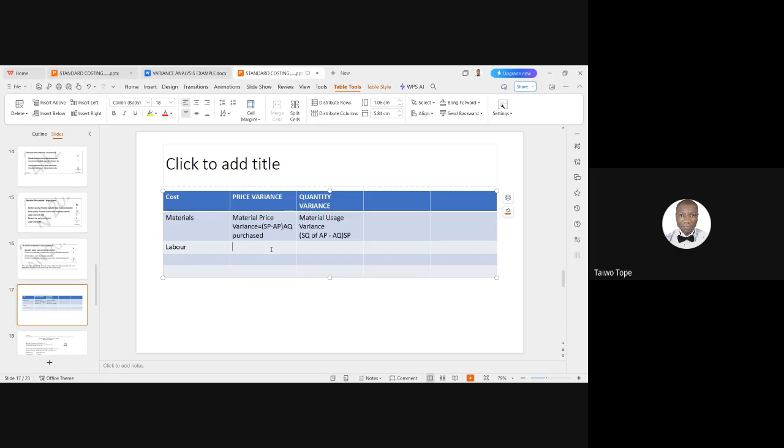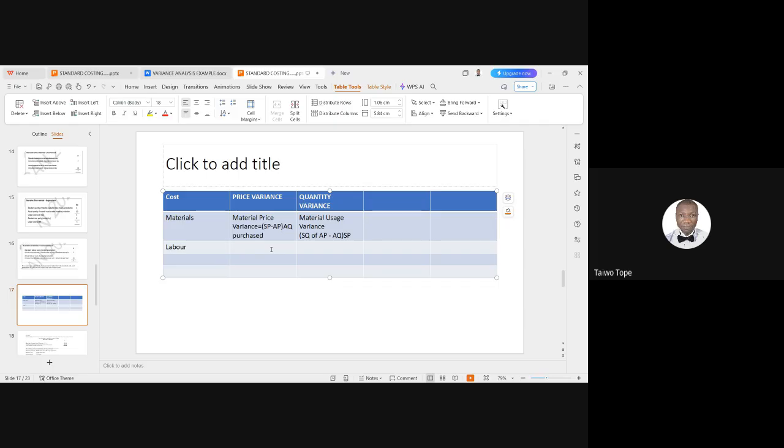You look at labor rates. Do you pay your workers rightly? Are you paying them their right entitlements? So looking at labor in terms of price, you look at labor rate variance.